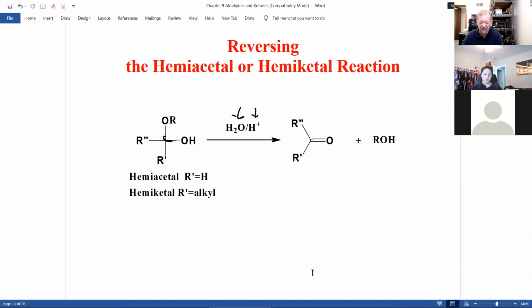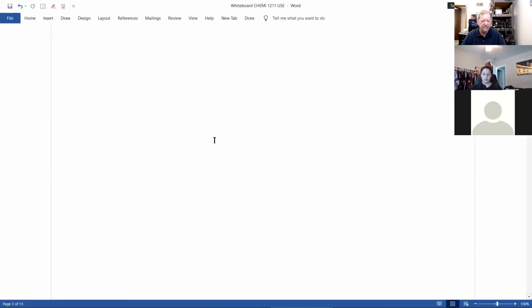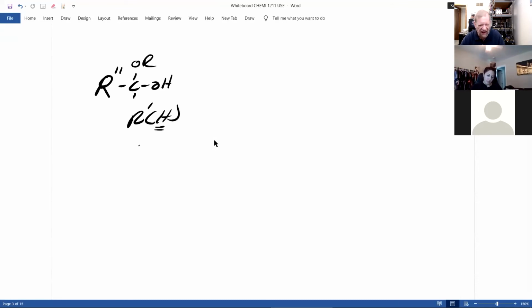Well, let's look at this reaction on the whiteboard. If we take a hemi-acetal or hemi-ketal, when R prime is hydrogen, it's the hemi-acetal.